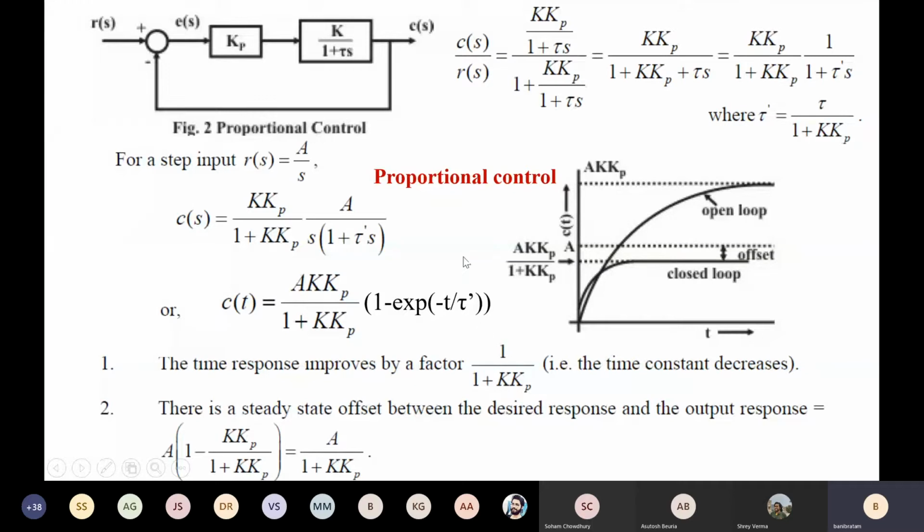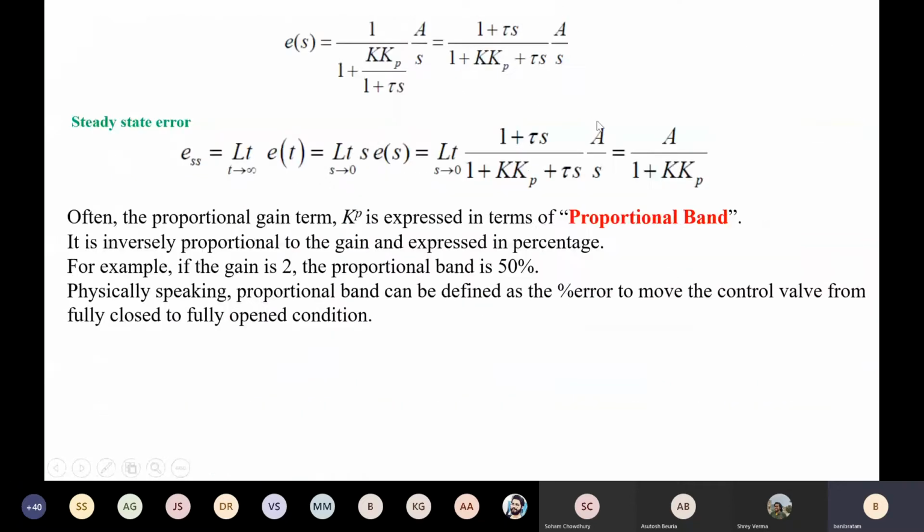So from here what we understood is that if we use a proportional gain controller, the system response is faster because your effective tau is getting reduced, so my system behaves faster than the open loop system, but it cannot make the steady state error 0. So there will always be a constant error. Fine. And that we have derived, and we have introduced the concept of proportional band as well.